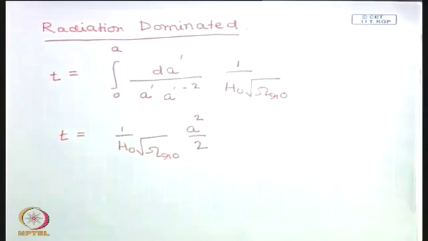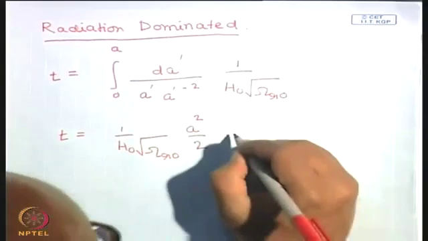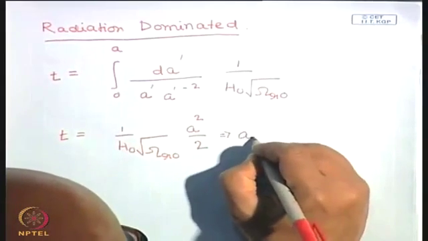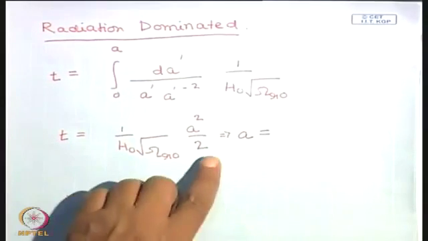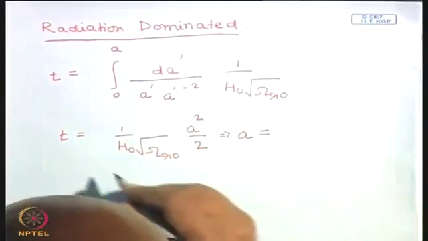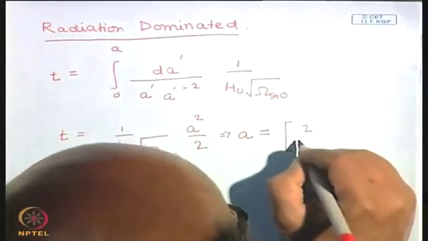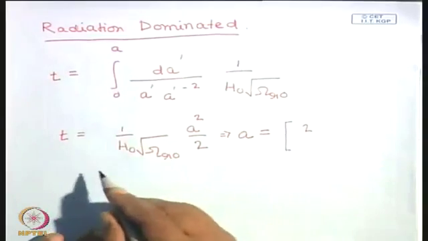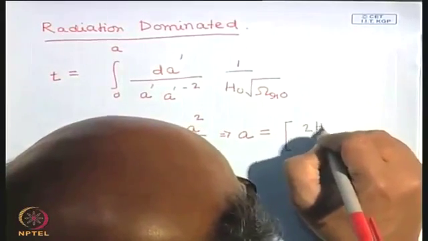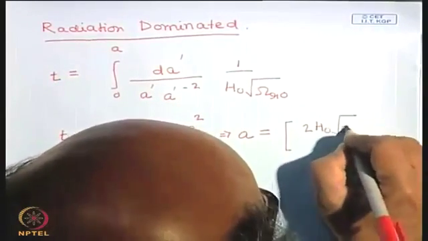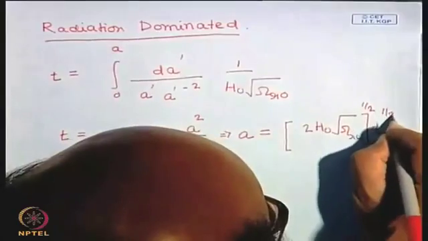Or you see that the scale factor a is equal to 2 H_0 square root of Omega_r0 to the power half, t to the power half.